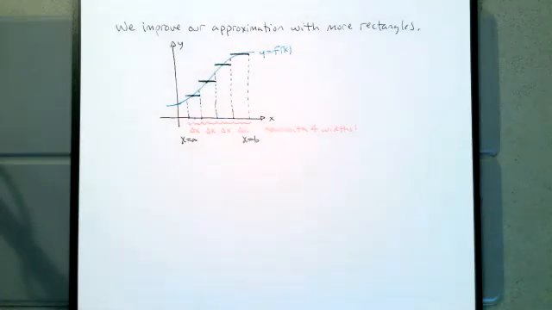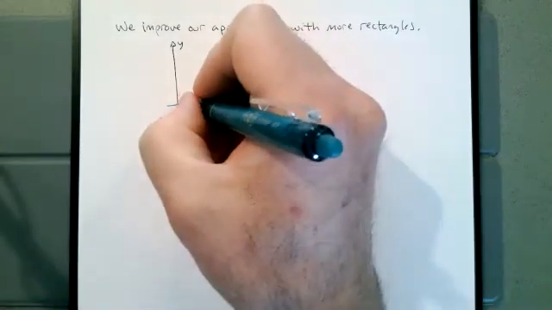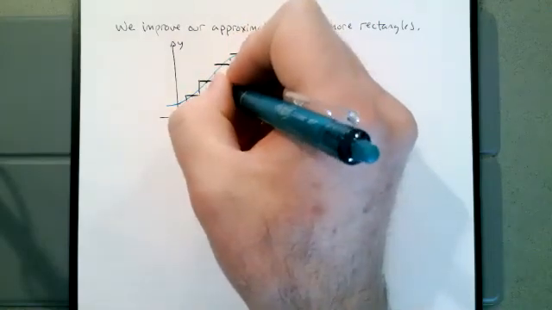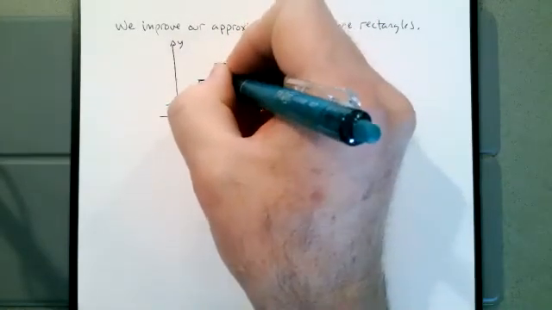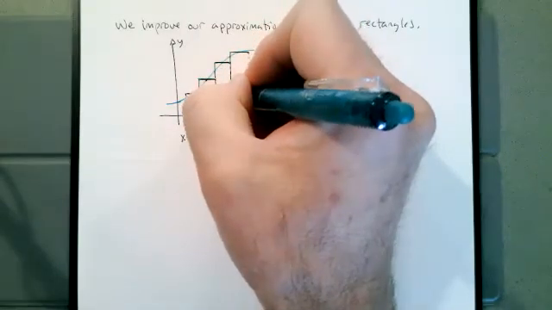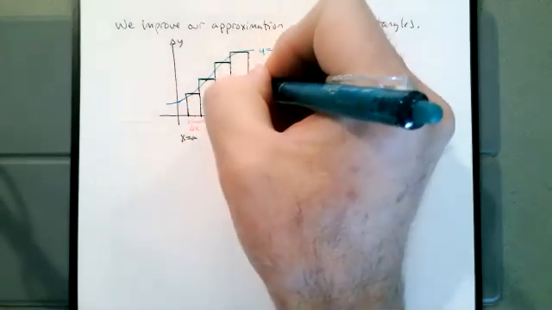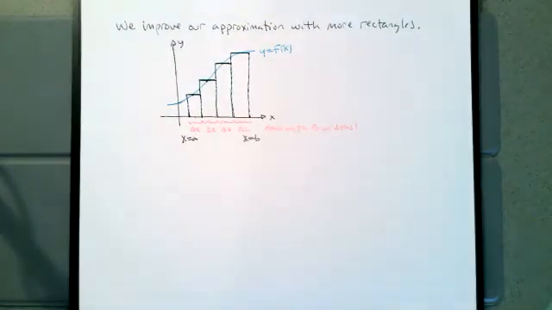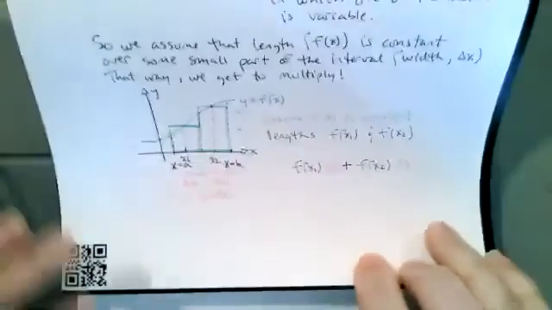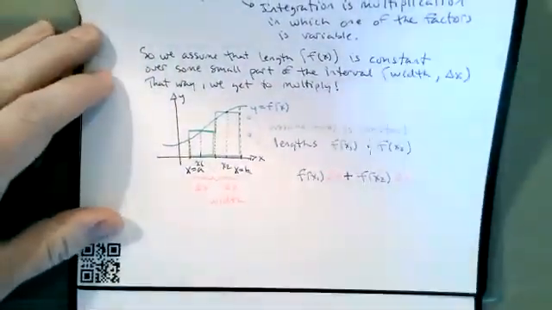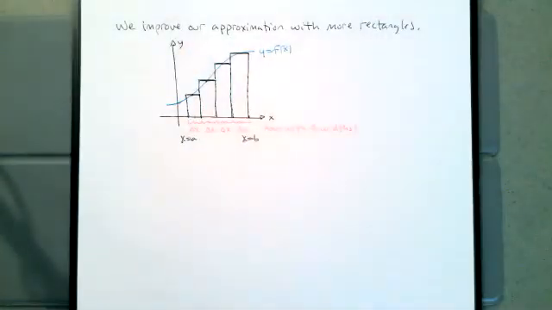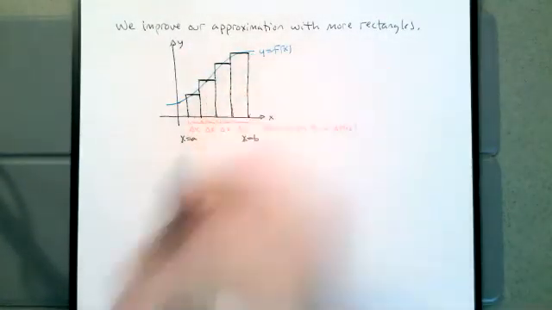And what we notice is that we've got a lot less error. We've got a lot less of these little bits that have been lost and gained. There's a smaller amount missing. So whereas in the first version, we had 2 rectangles and we had these big chunks missing, those chunks are now much smaller.